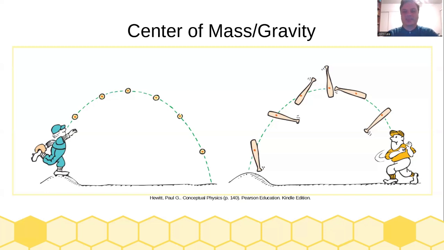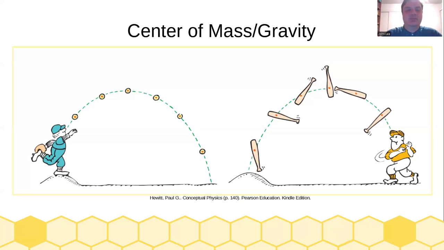However, if you look at the second example, you see somebody throwing a baseball bat and the baseball bat rotating. However, the center of mass of the baseball bat still follows that parabolic arc. The parabolic arc is going to be the arc of any object thrown in a gravitational field which is constant and pointing downwards.